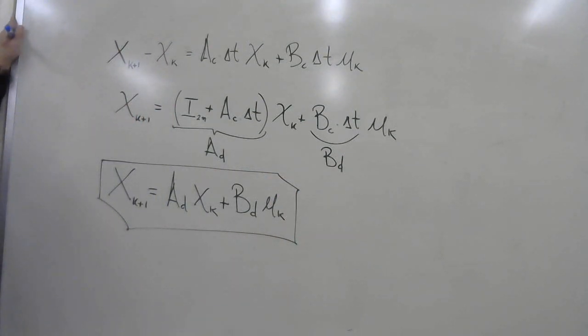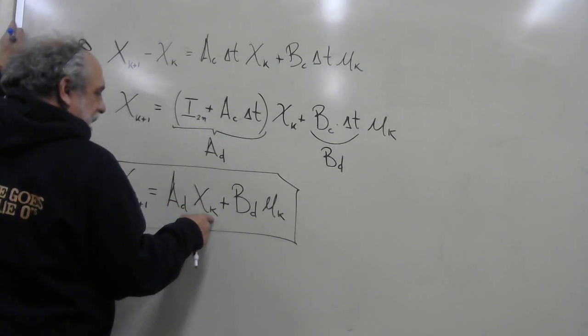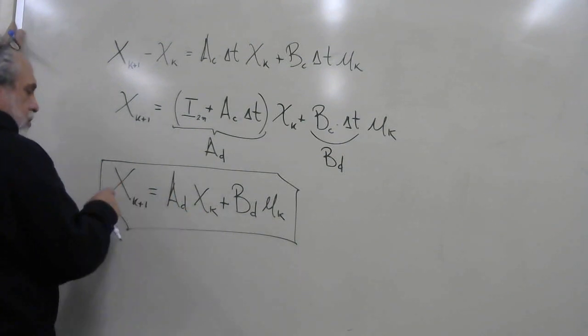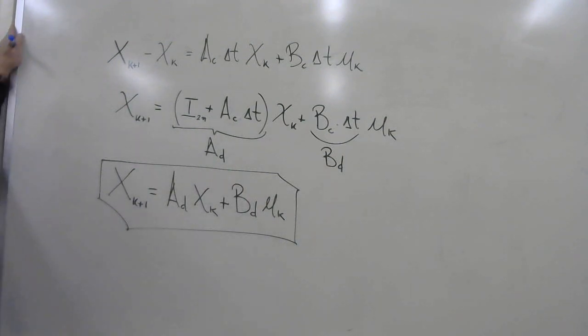Now that equation is really easy to solve, because if I know x at 10, then with the load known I can get x at 11, and with x at 11 I can get x at 12, and so on.